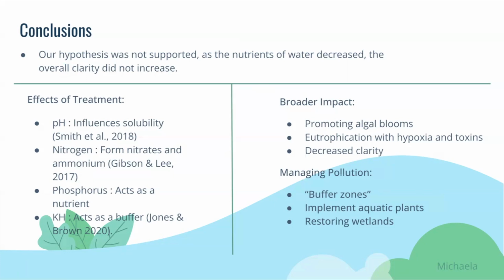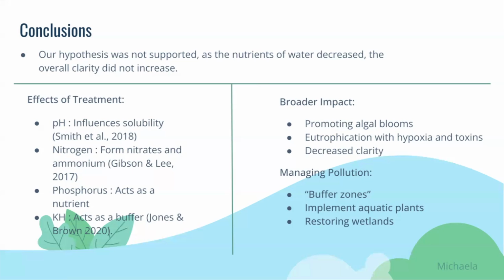So a little bit of the broader impacts with these is again, they promote the algal blooms. So these blooms are going to give the water a really big greenish color and are going to stop and hinder that light from penetrating through there. Again, back to the eutrophication with the hypoxia and toxins.